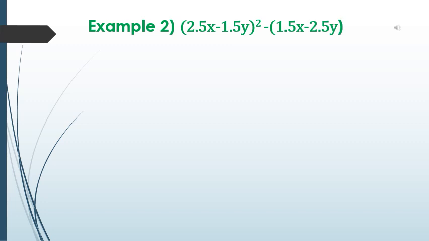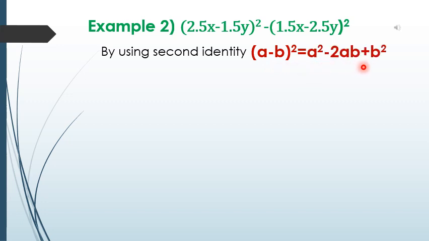Next example is (2.5x - 1.5y)² - (1.5x - 2.5y)². We will use the second identity, (a - b)² = a² - 2ab + b². Here two expressions are there, but we can use the same identity for both. Here a is equal to 2.5x and b is equal to 1.5y.